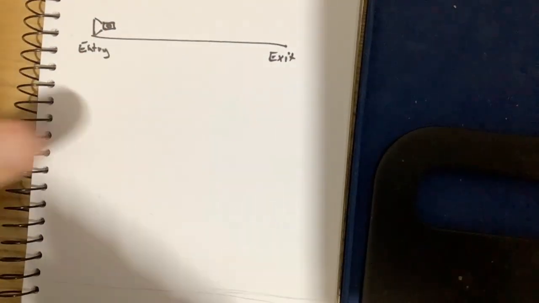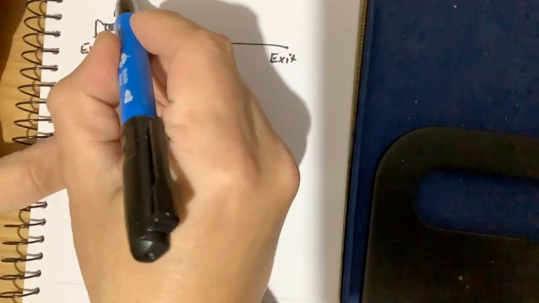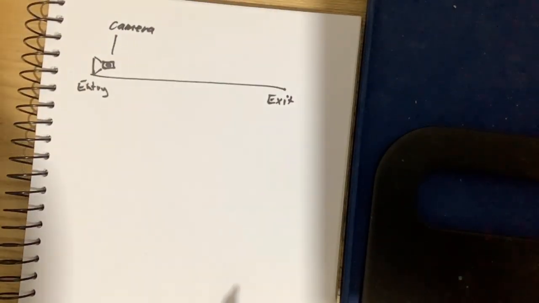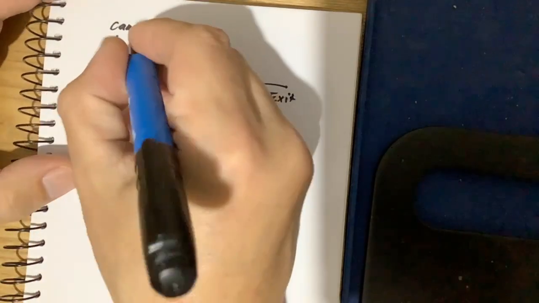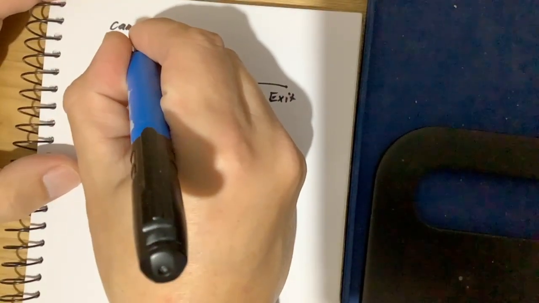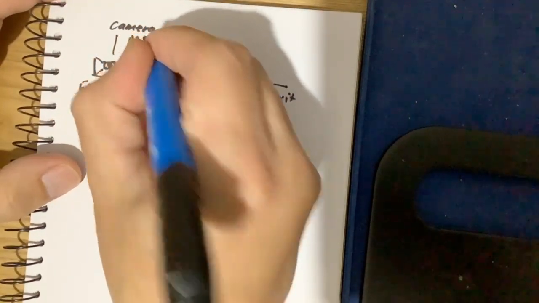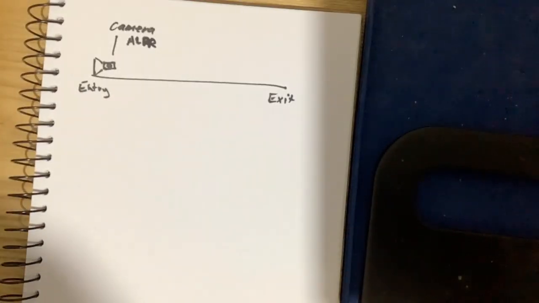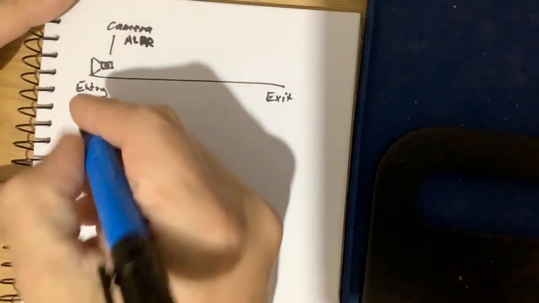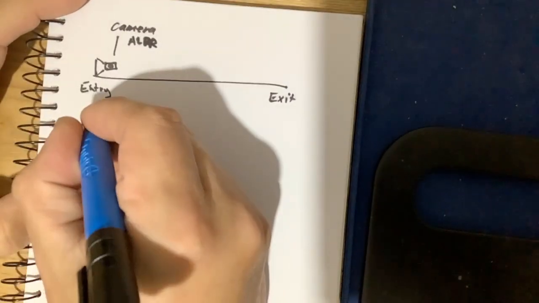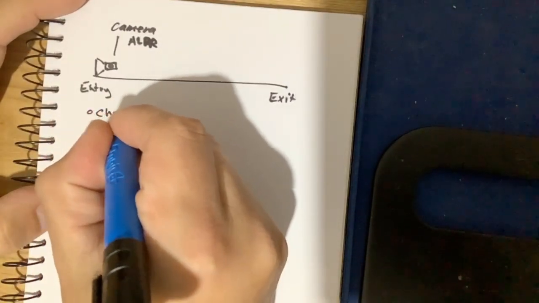Let's just say camera. Okay, so we have a camera. It will take a license plate ALPR, license plate recognition of that thing. And so at that point, we'll call that event a check-in.